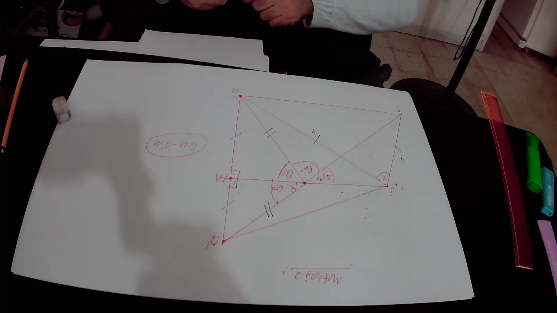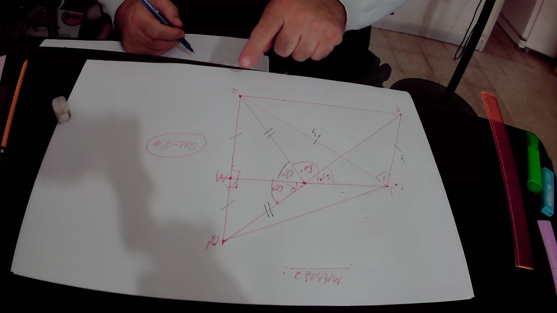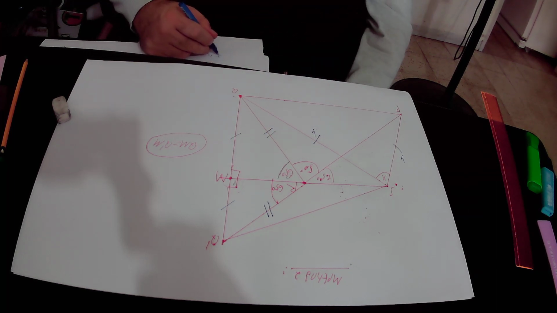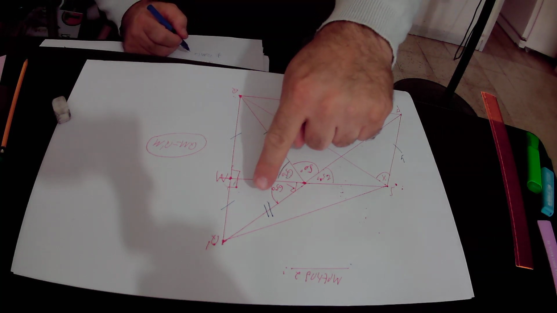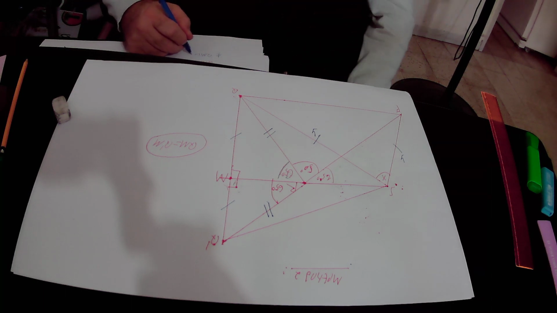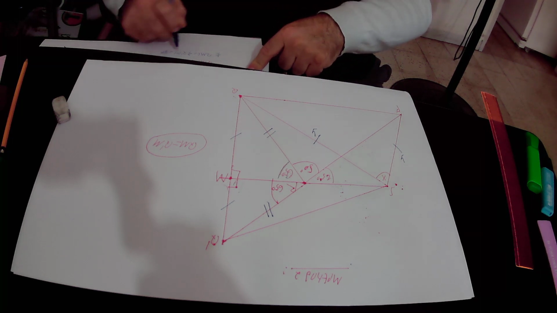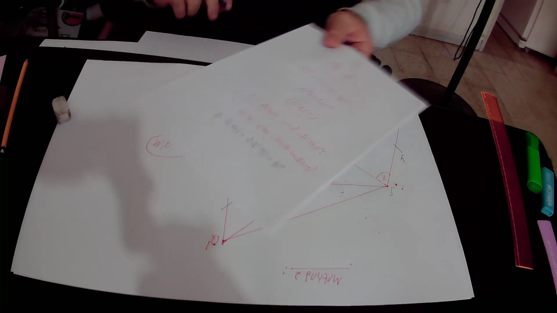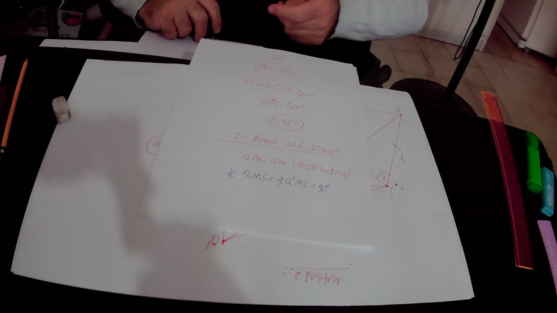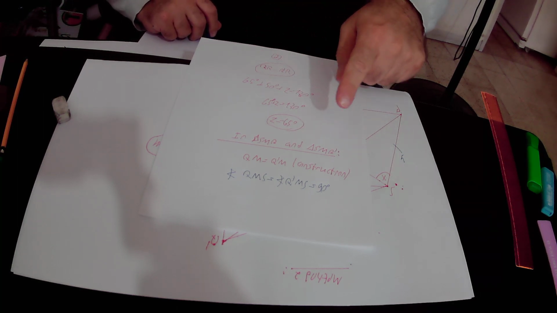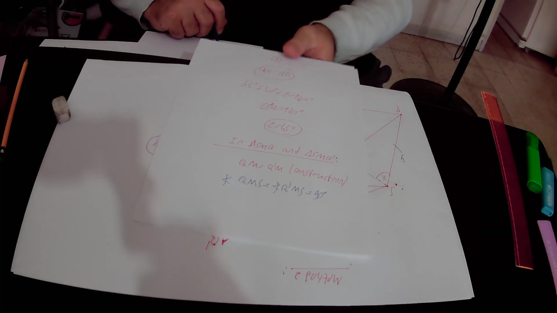So angle QMS is equal to angle Q dash MS, and they are both equal to 90 degrees.